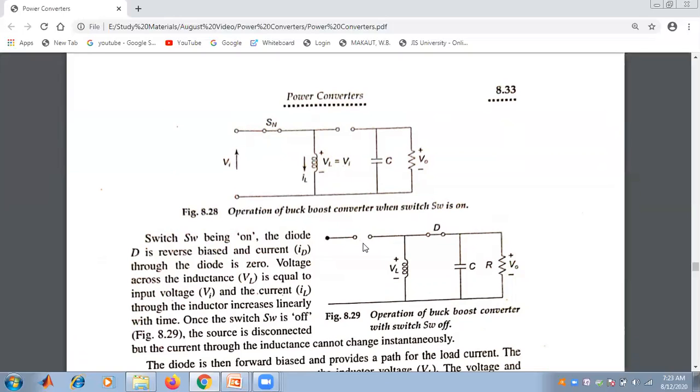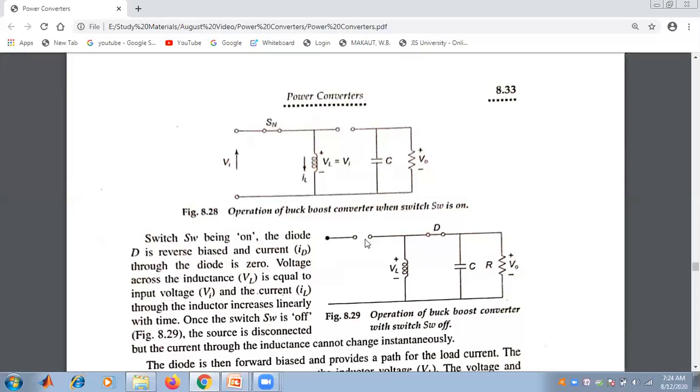When the switch is off, the source, that is VI, is disconnected, but the current through the inductor, I suffix L, cannot change instantaneously.